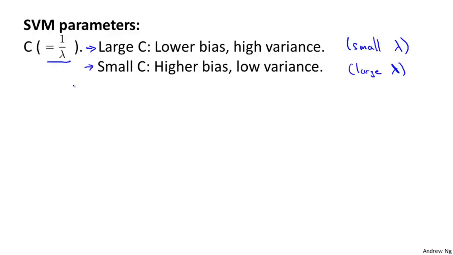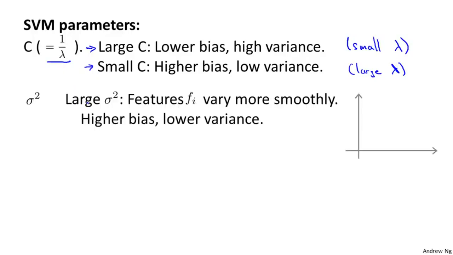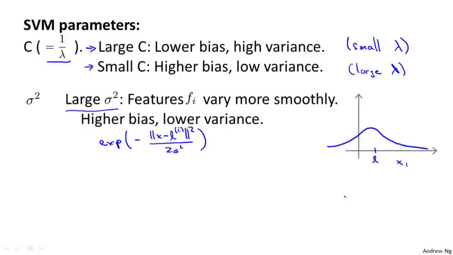So this parameter C is one of the parameters we need to choose. The other one is the parameter sigma squared, which appeared in the Gaussian kernel. So if sigma squared is large, then in the similarity function, which was e to the minus the squared distance between x and the landmark over 2 sigma squared, in this 1D example, if I have only one feature x1 and a landmark at that location, the Gaussian kernel will tend to fall off relatively slowly.